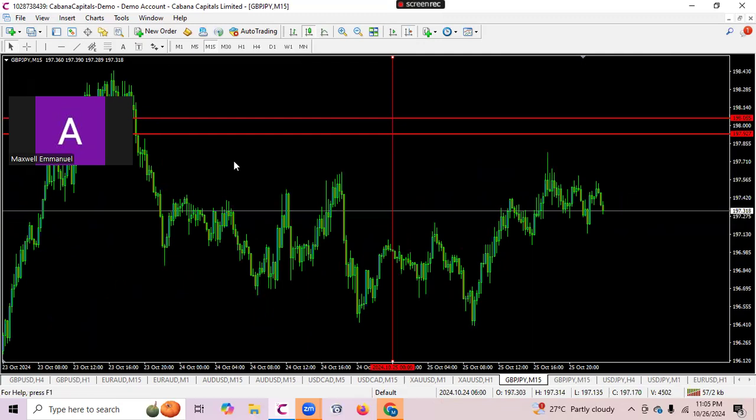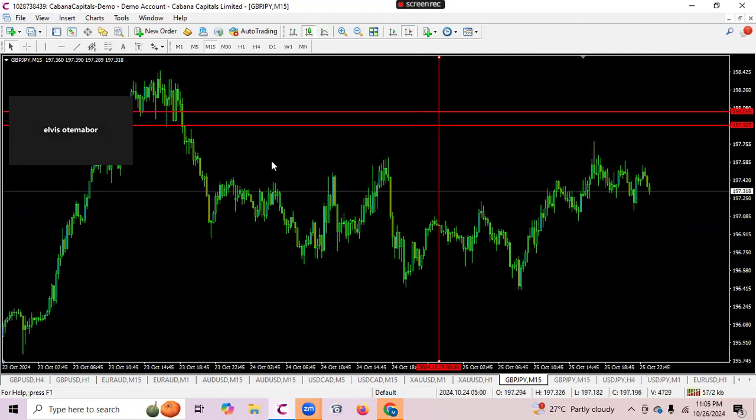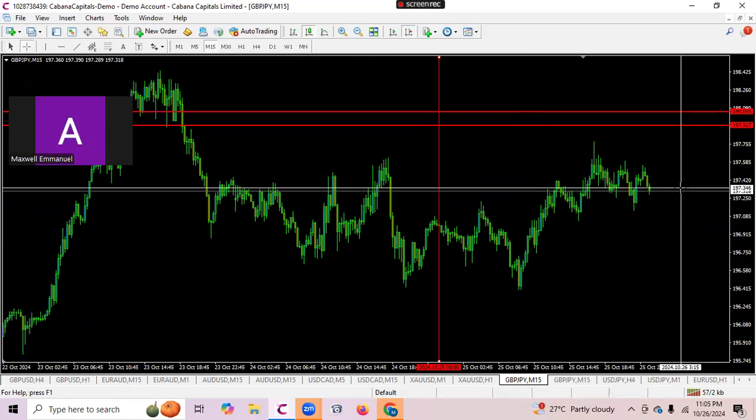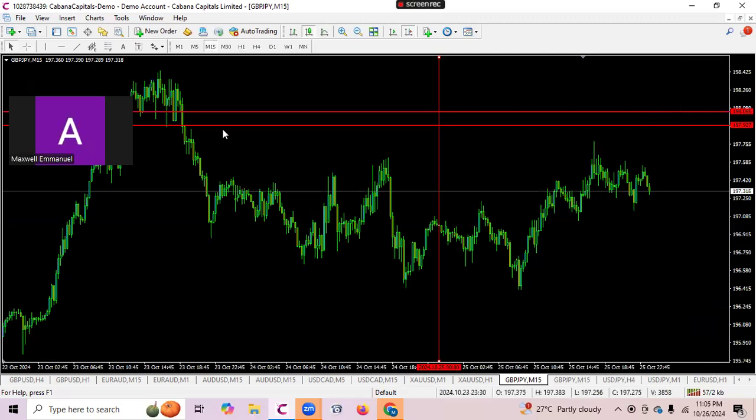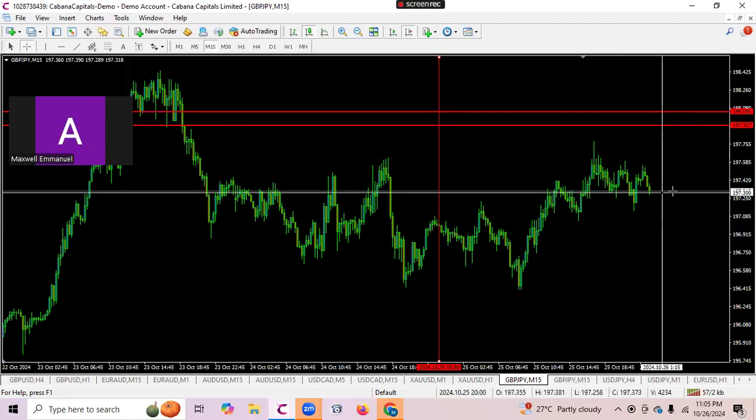That is where I would consider selling. Price should pull back. This is about a 60 to 70 pip retracement before going bearish.